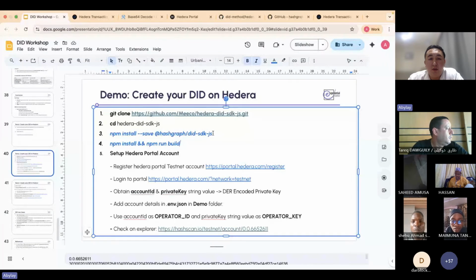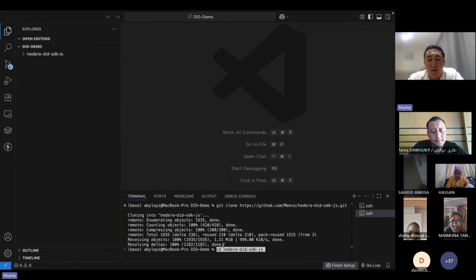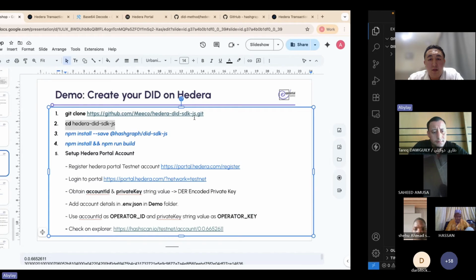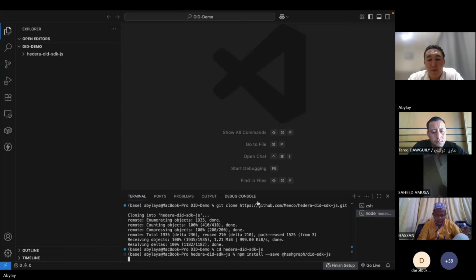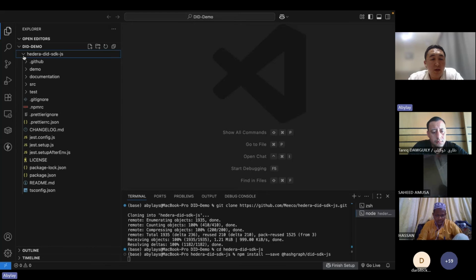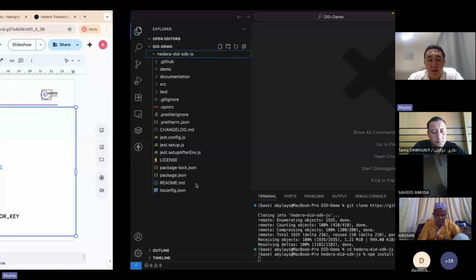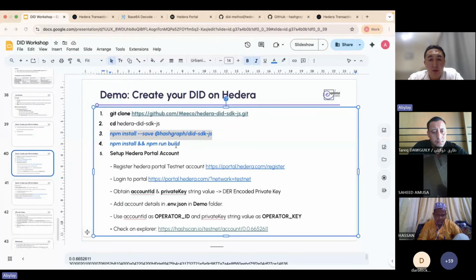So you do it just one time. So it's done. We quickly install the JavaScript SDK here. As you can see on the left side, it's already installed. Now we need to build it.